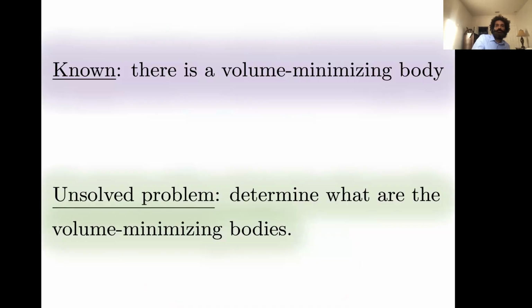All right, well, an immediate question is, well, now after what we've seen, what's true about the minimizing bodies? Well, it's known that there is at least one volume minimizing body.